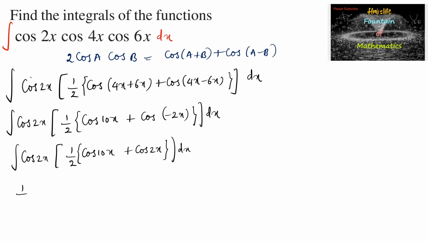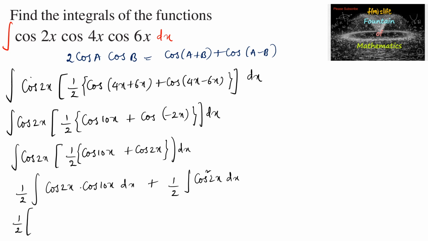So we can write here 1 by 2 times integral cos 2x into cos 10x dx plus 1 by 2 times of integral cos square 2x dx. So again you can apply here the 1 by 2 times of cos a cos b formula. So here this is a and this is b. So we can apply the formula here.